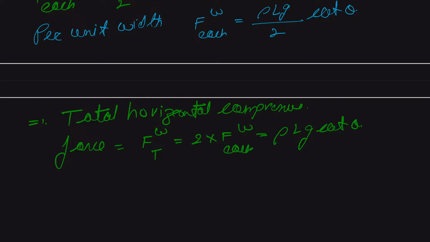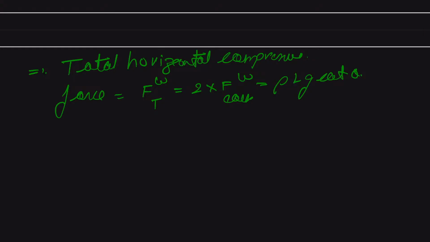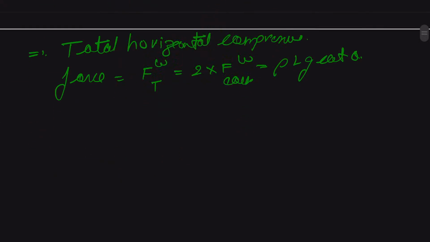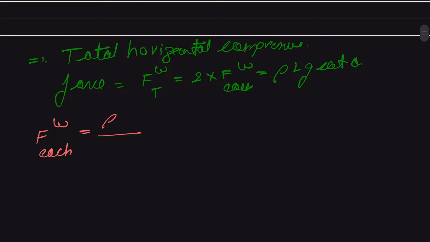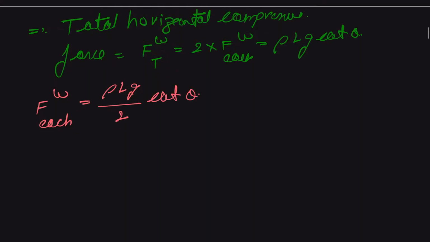And once again we are going to find out the maximum and minimum value of theta, and for that we are going to consider the F each equation. So we can say our F each for per unit width is rho L g upon 2 and cot of theta. So maximum minimum we can easily differentiate it.